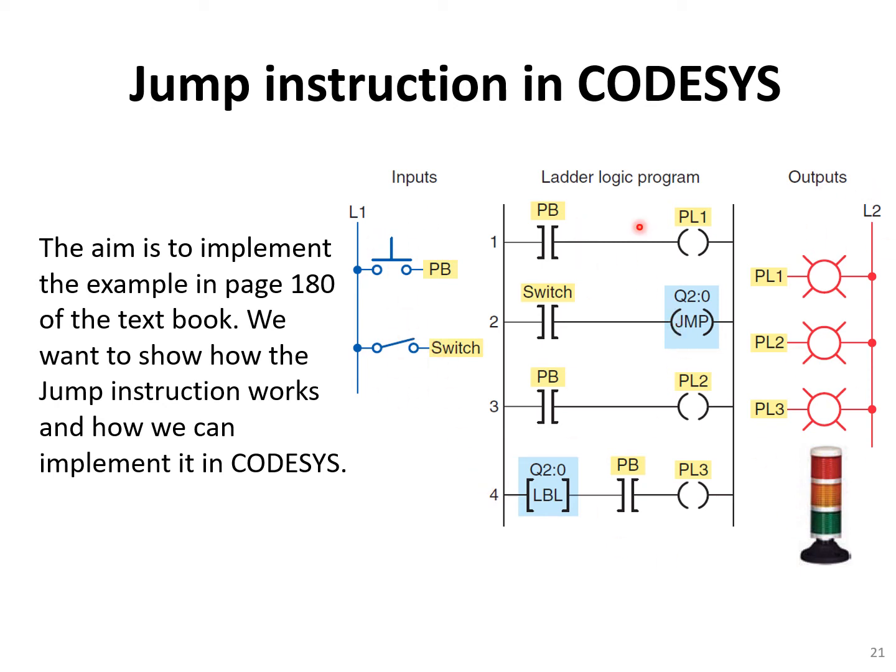And we already discussed this program, I believe, in previous slides. We just want to see how the jump works. Okay. So once the switch is true, the jump will be activated and we will skip this rung 3. Okay, so rung 3 won't be implemented once the switch is true. Okay, we want to see how we could implement it in Codesys.